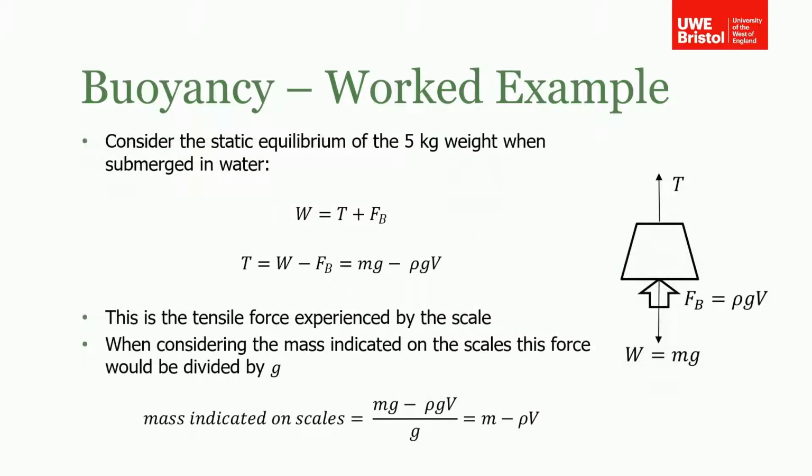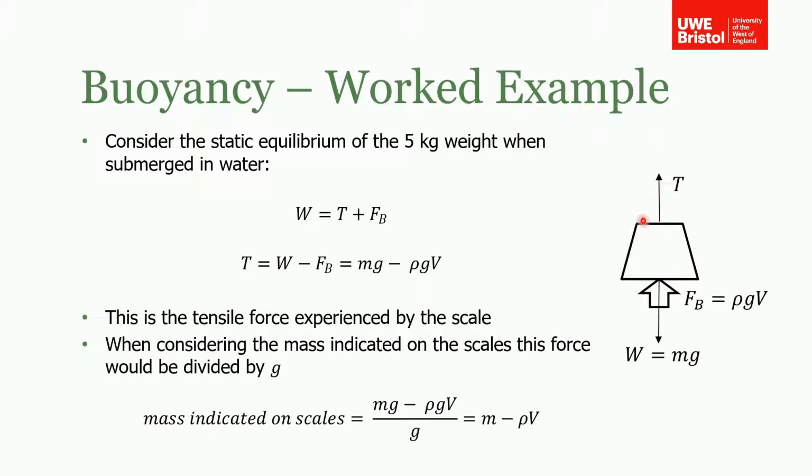And just to explain that a bit further, in terms of resolving the forces that are acting on the mass. If we consider this as our mass here, then we've got the force due to gravity, which is pulling it down. That's W, its weight, which is equal to its mass times gravity.